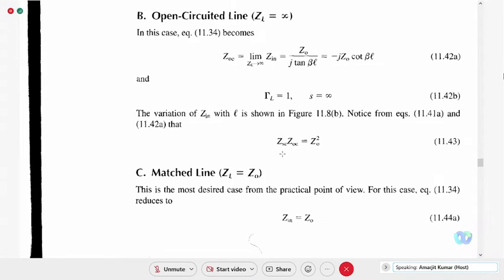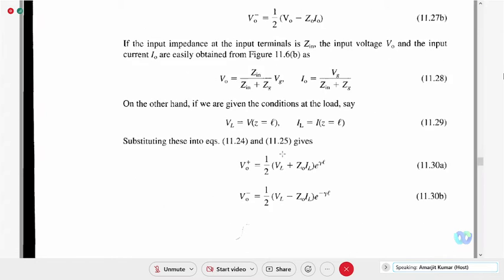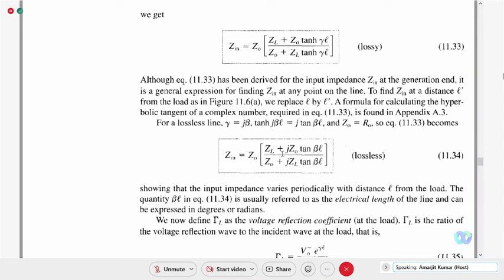So next we have the open circuited lossless transmission line. ZL tends to infinity in this equation. If we put ZL tends to infinity, then what will happen?